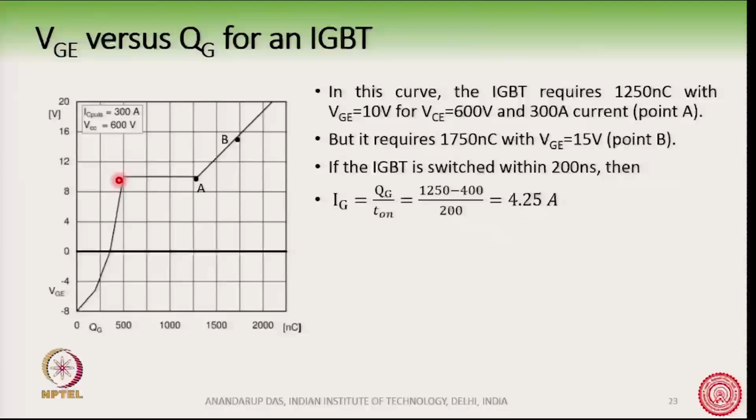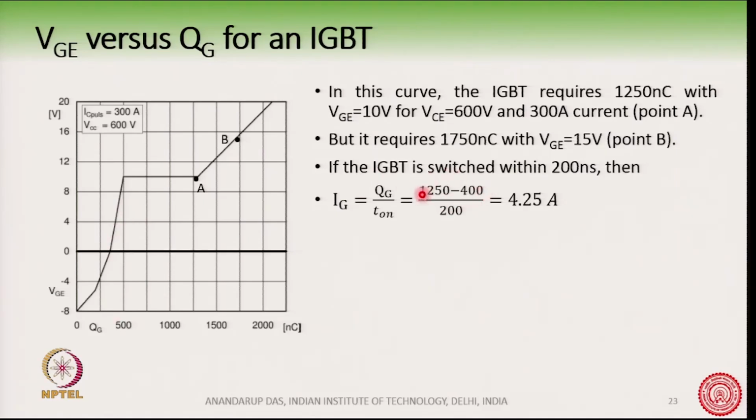In this characteristic, stage 2 starts somewhere around here, and this is of course stage 3, going up here to the last stage. Therefore, the total charge needed, because this is where the switching loss is happening, is over a region of about 200 nanoseconds, and we would like to keep it at 200 nanoseconds. So, the charge required is 1250 minus this point here, where 400 nanocoulomb is already taken away.